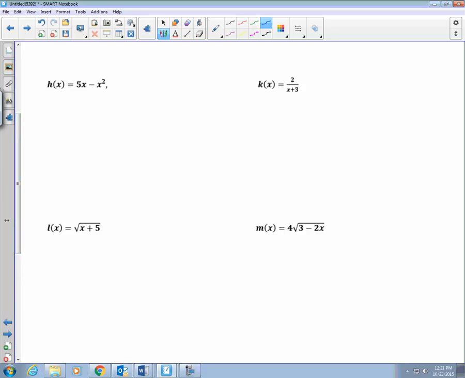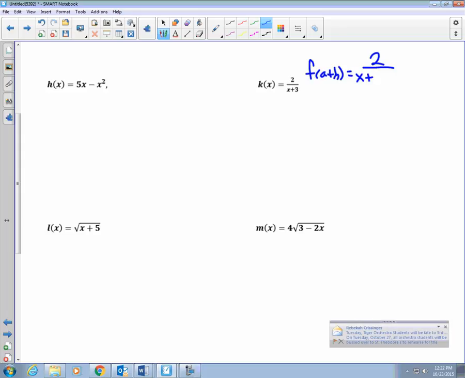F of x is 2 over x plus 3. We're going to plug in a plus h. So f of a plus h is what? 2 over a plus h plus 3. Good. And f of a, 2 over a plus 3.